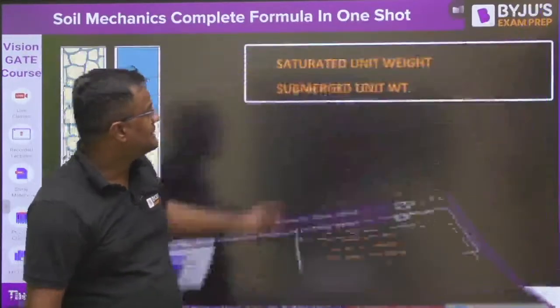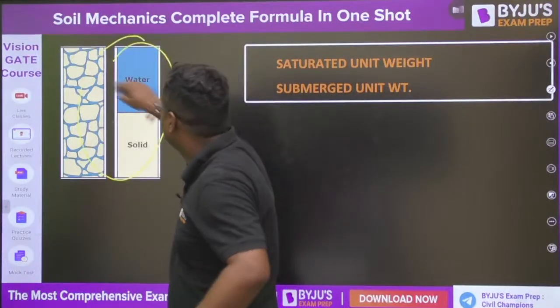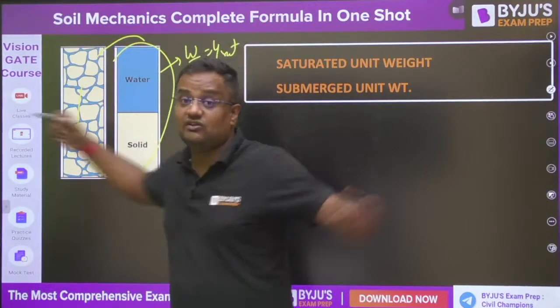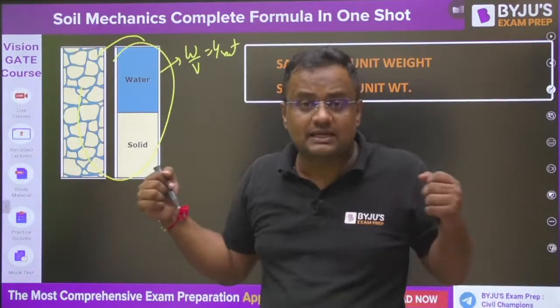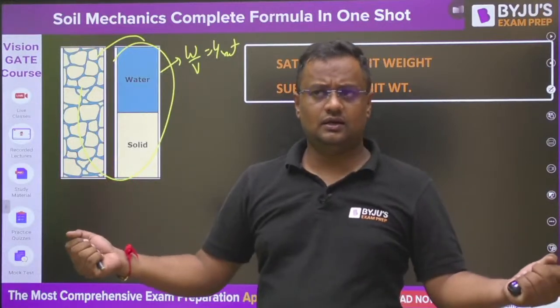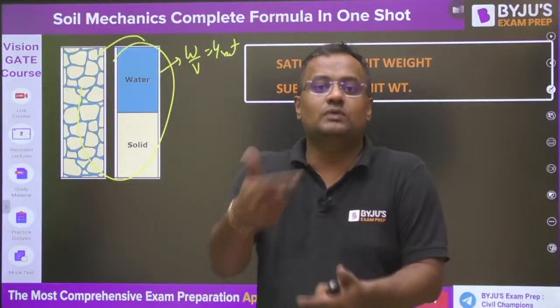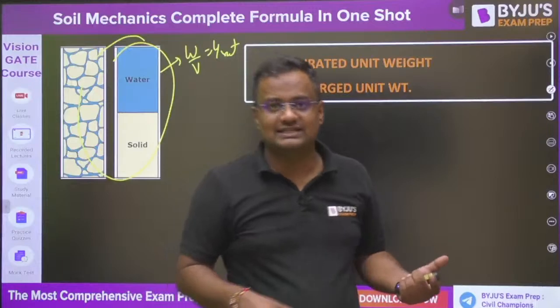Similarly, saturated unit weight is for when the soil is in saturated condition: weight by volume is gamma sat. You cannot easily lift someone on land, but in a swimming pool you might, because inside water the buoyant weight is acting.